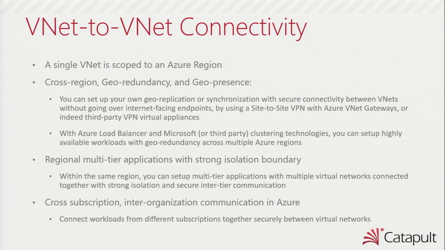VNet-to-VNet connectivity, you asked about this earlier. A single VNet is scoped to an Azure region. You can do cross-VNet geo-redundancy and geo-presence by implementing a site-to-site VPN between two VNets, right? So that's pretty cool. You can use load balancing or Traffic Manager to then direct your traffic coming in.